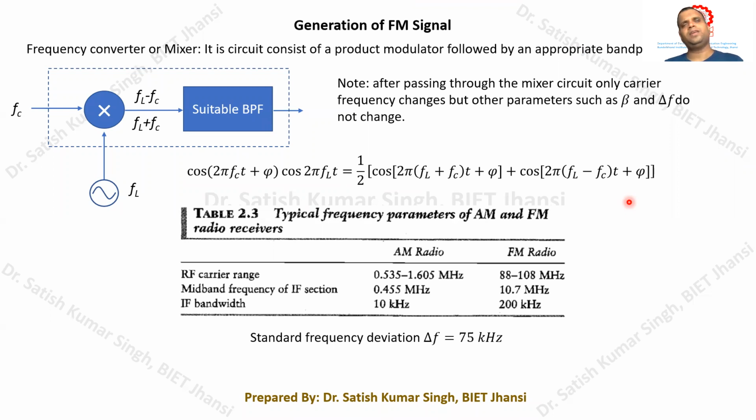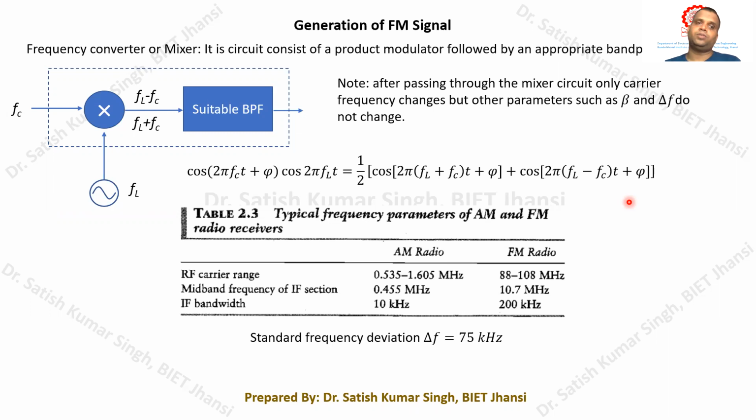We already know that we have different radio stations, and we are receiving different radio stations on our radios, whether it is a mobile or a typical radio set. We have AM radio stations and we also have FM radio stations.